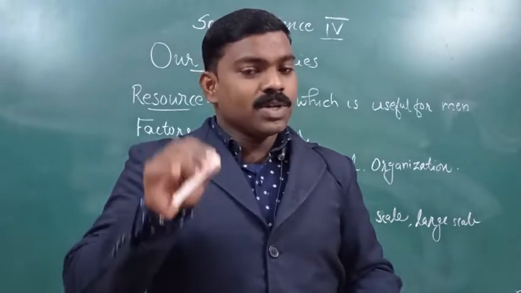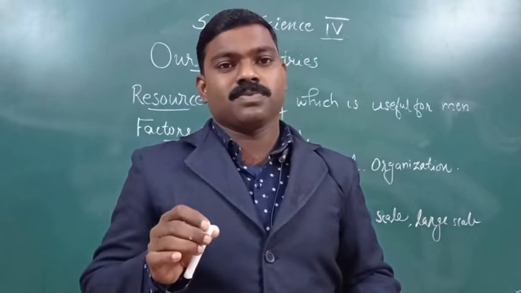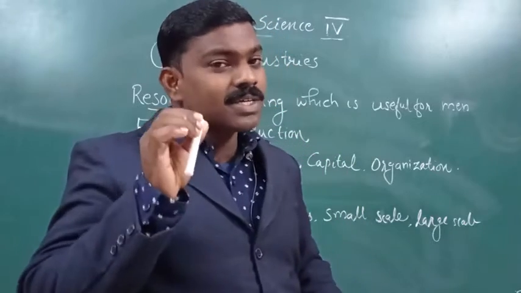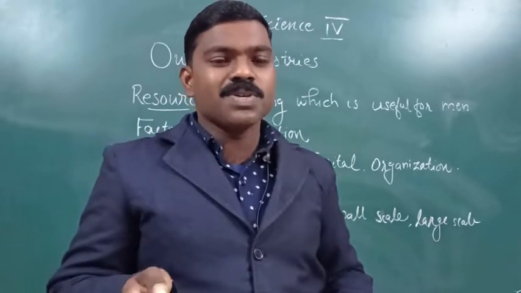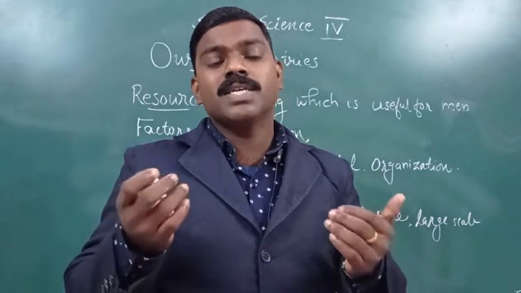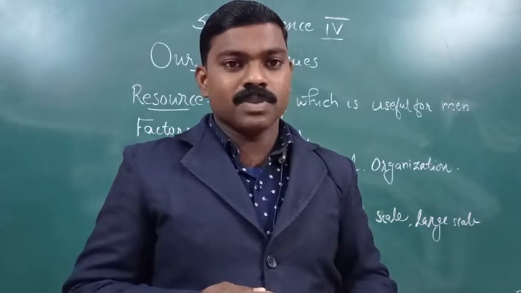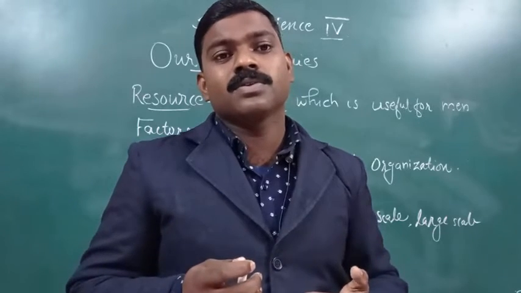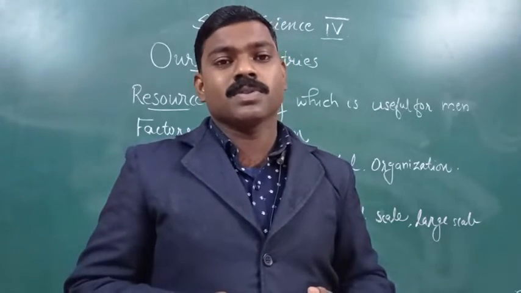We know that in order to produce certain goods, we need these resources, and these resources cannot be utilized directly. Can we use any resources directly for our purpose? We cannot.